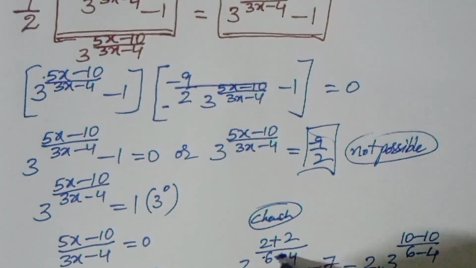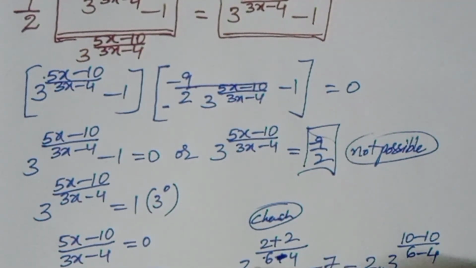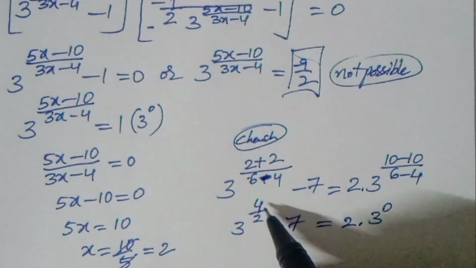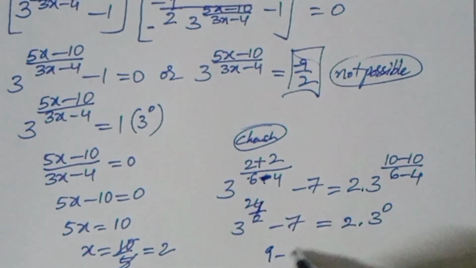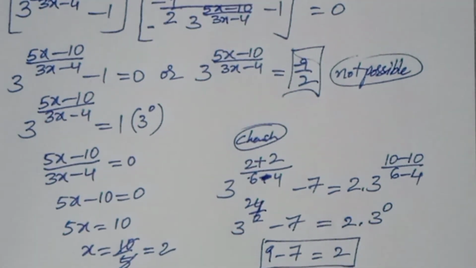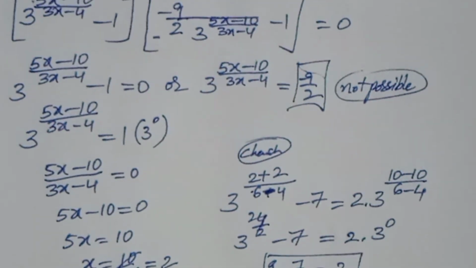So we get 3 to the power of 4 by 2, minus 7, is equal to 2 into 3 to the power of 0. What will we get here? 9 minus 7 equal to 2. So it is satisfying the given equation.